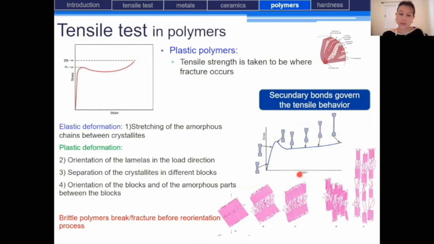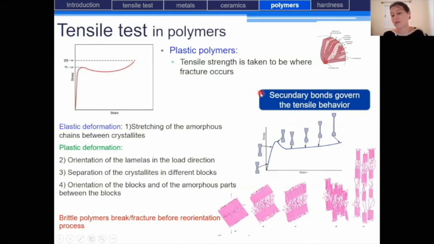For brittle polymers, the fractures will begin before the orientation process. That's why we have low plastic deformation. Since here we have orientation of the chains and breaking of the crystals, we can imagine the importance of the secondary bonds in the tensile behavior.